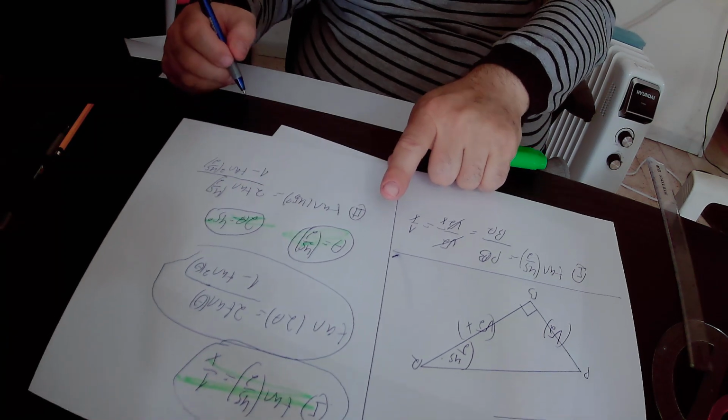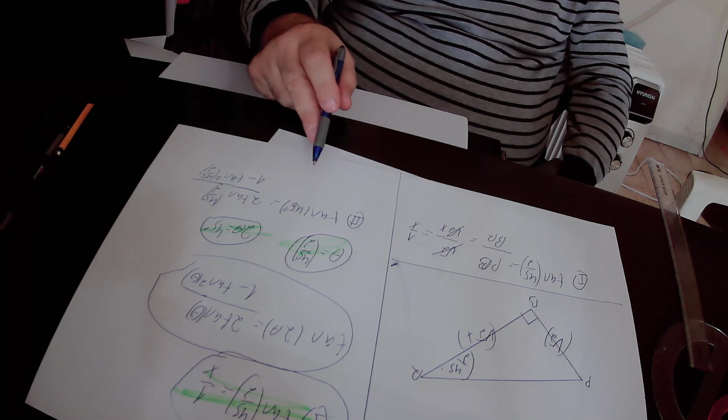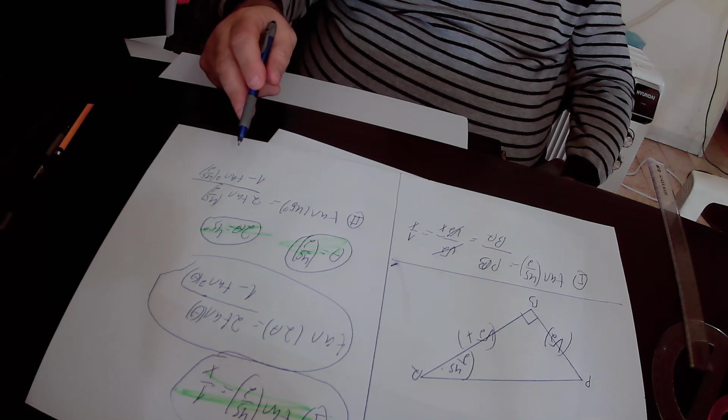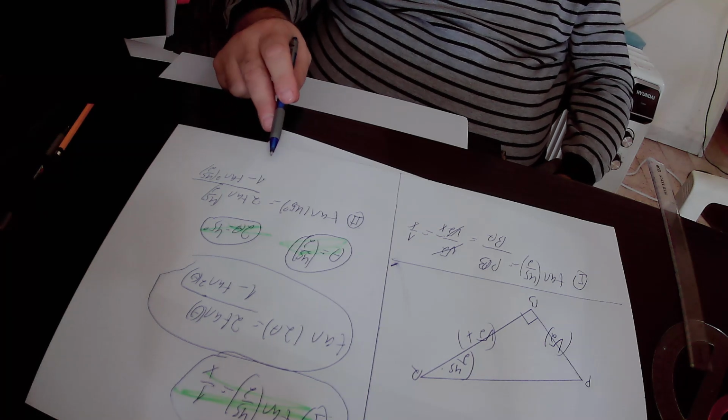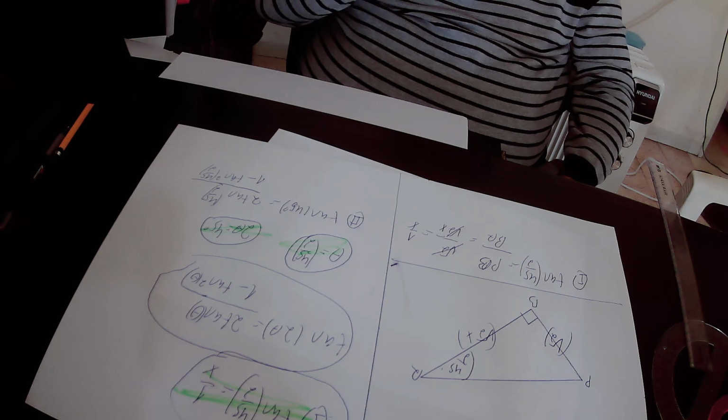In conclusion, according to equation number 2, tangent 45 degrees equals 2 times tangent 45 over 2 degrees over 1 minus tangent square 45 over 2 degrees.